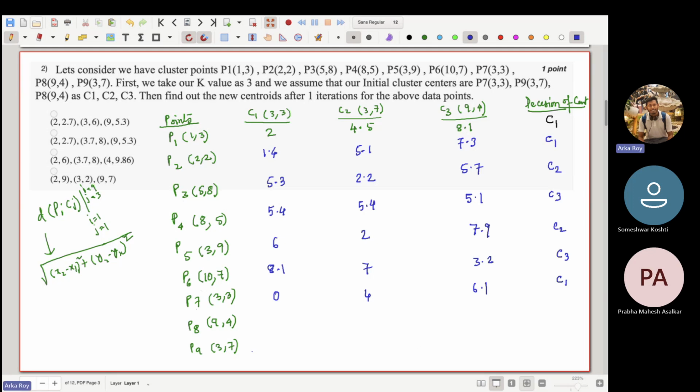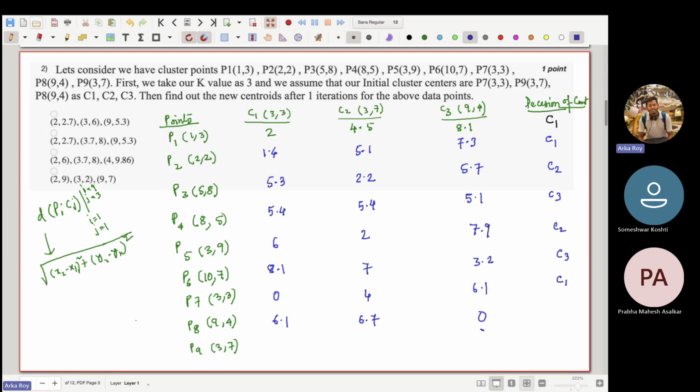Now, for P8, the distance would be 6.1, right? Then we have 6.7 and then 0.